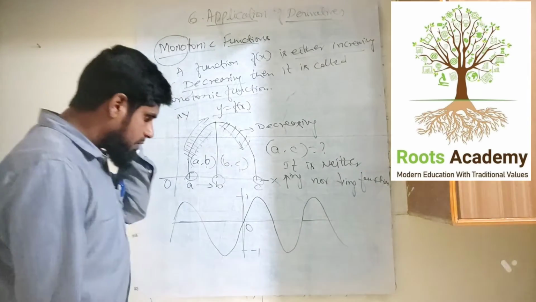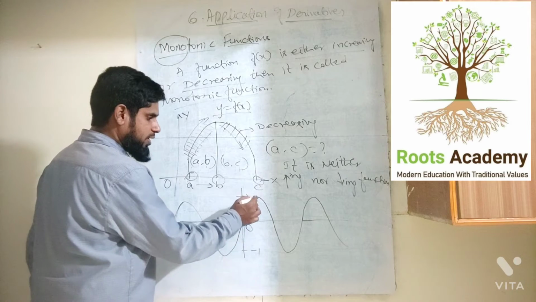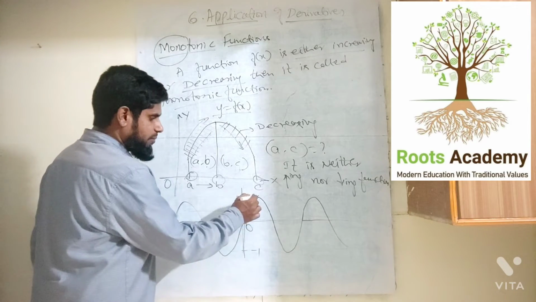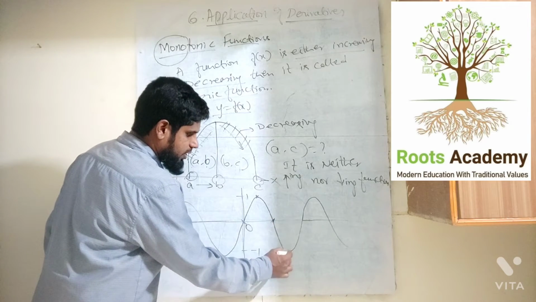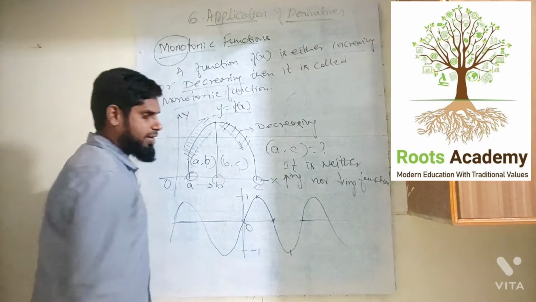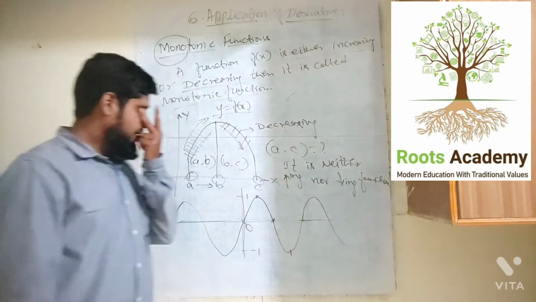Since here the graph increases from here to here, again from here to here it decreases. Here to here it decreases. Then again here to here it increases. So it is increasing, decreasing, increasing, decreasing.